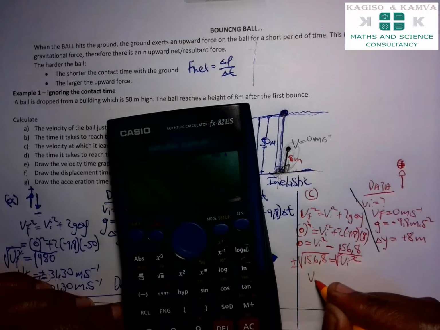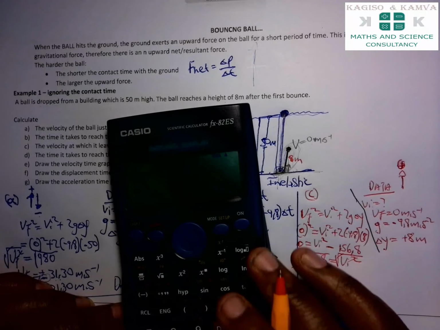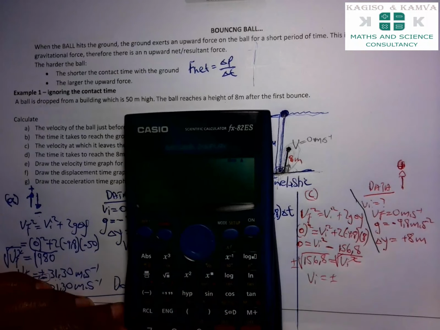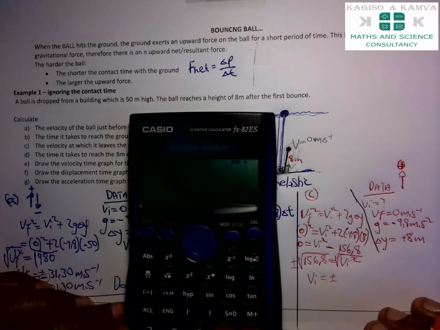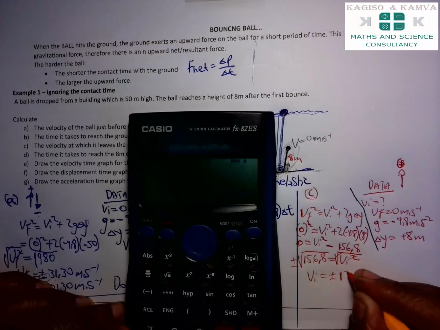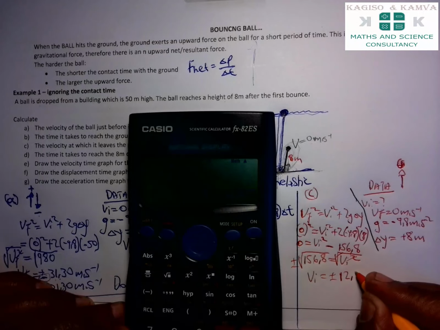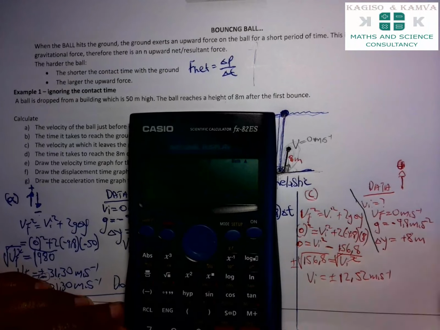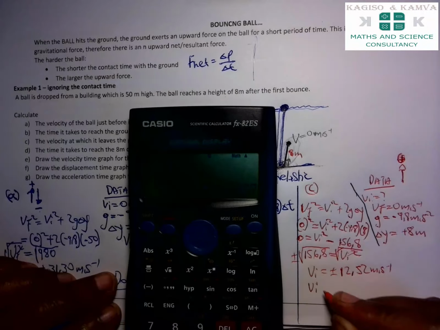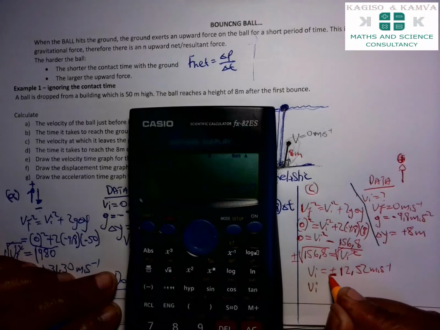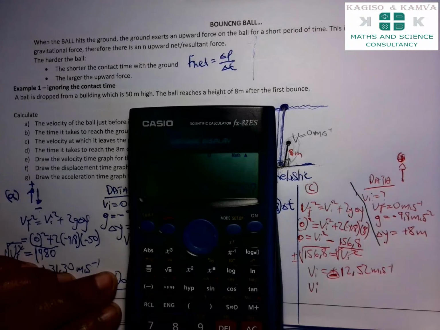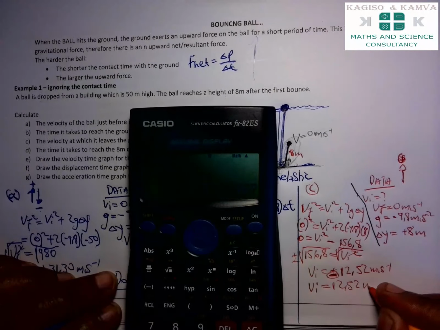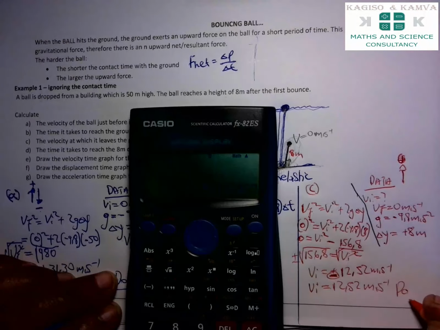The square root of the answer is going to be 12.52 meters per second. So this is going to be VI, and the negative one is going to be the right one. This is going to be 12.52 meters per second downward.